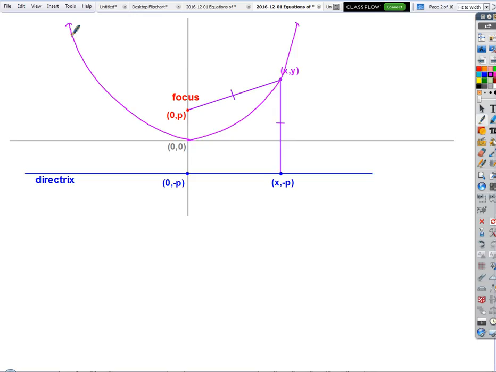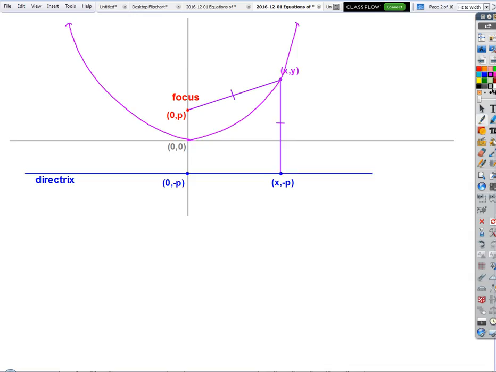Now notice the symbols we use here in geometry, those dashes mean congruent segments, don't they? So this is telling us that the distance between the focus and some random point on the parabola has to be the same as the distance from that random point to the directrix, right? To make things really convenient here, let's start off by putting our vertex at the origin, right?